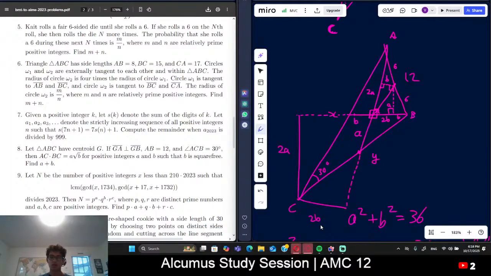All we need to do now then is, well no, actually building off of this. Since that's our base of 2b, the height of this right here has to be a.